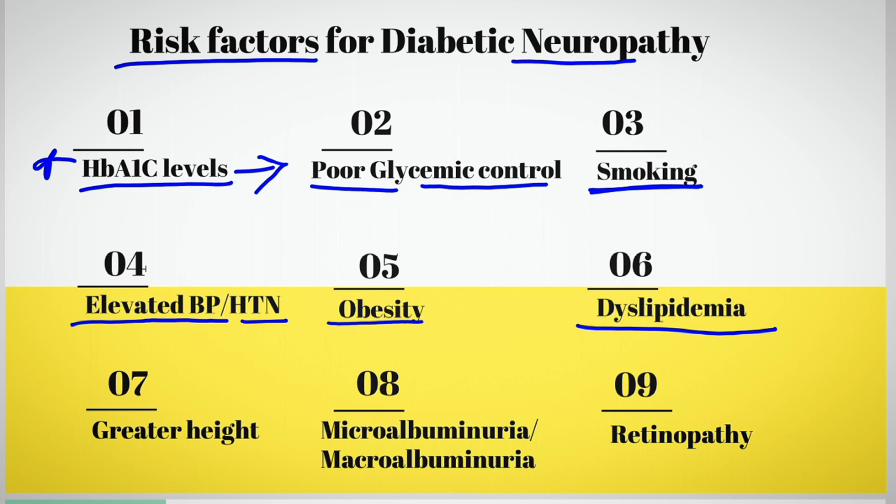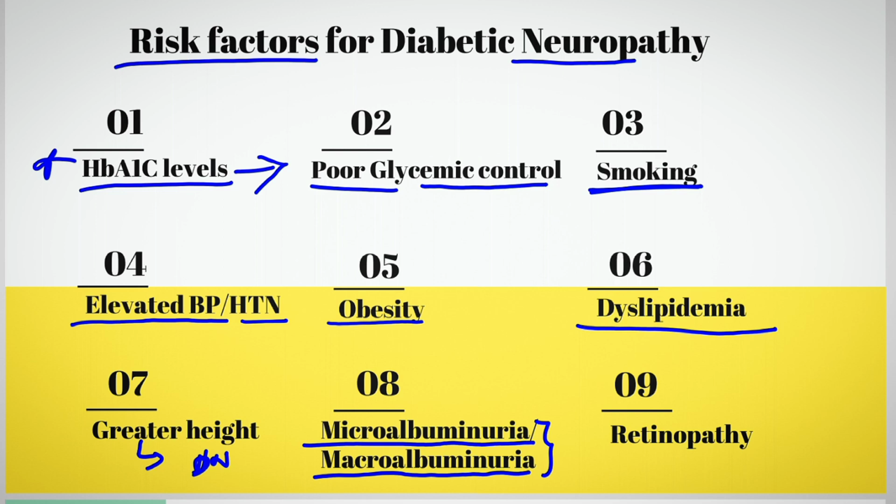It is found that greater height is linked with diabetic neuropathy, meaning if a person's height is greater, the chances of development of neuropathy will be higher. Apart from that, the presence of microalbuminuria or macroalbuminuria can also increase the risk of neuropathy.